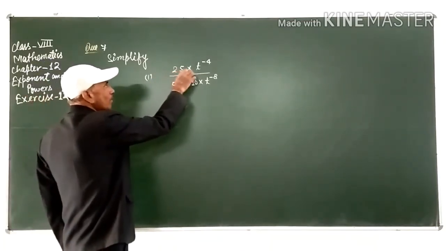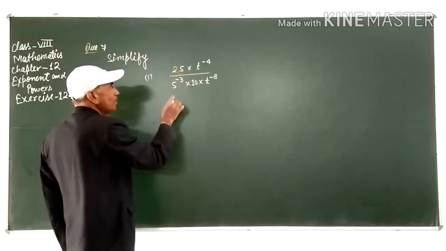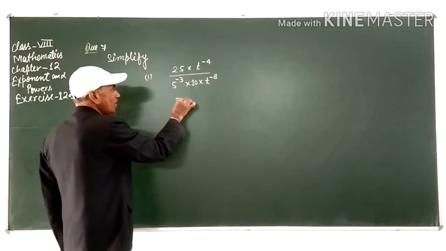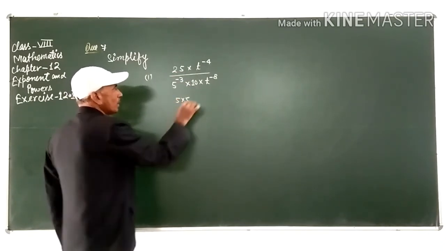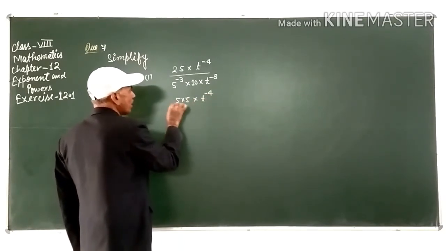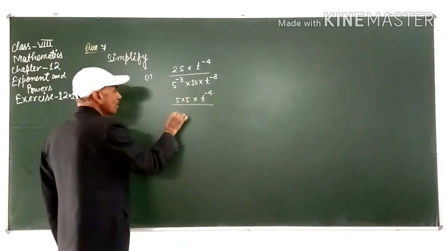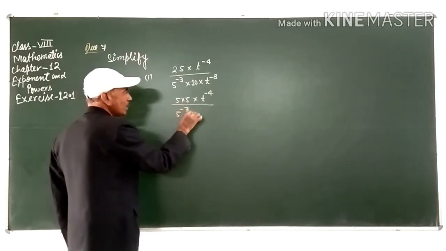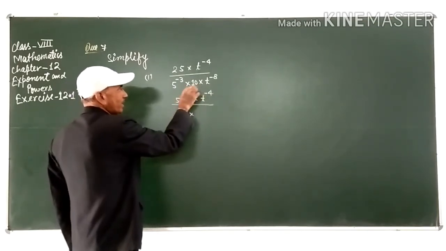So first of all we have to write this 25 in the exponential form, that is 5 into 5 into t to the power minus 4, and this one 5 raised to the power minus 3 into 10.